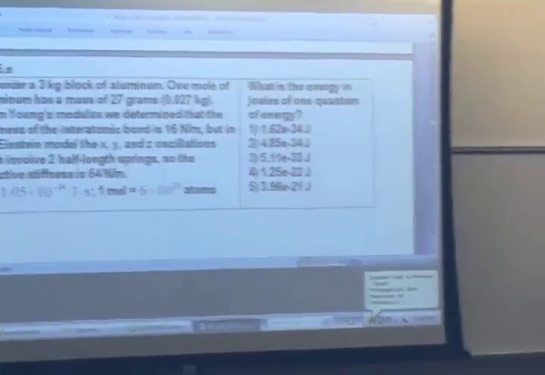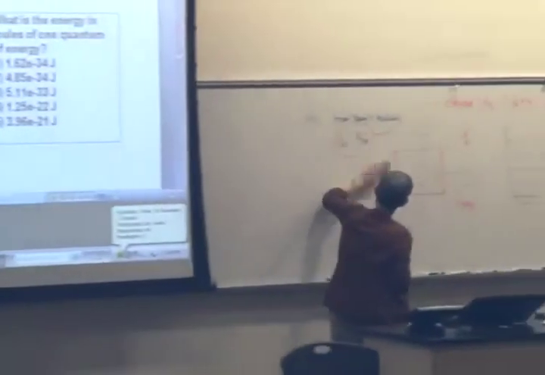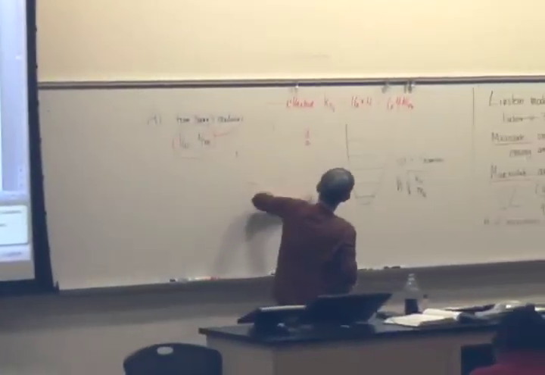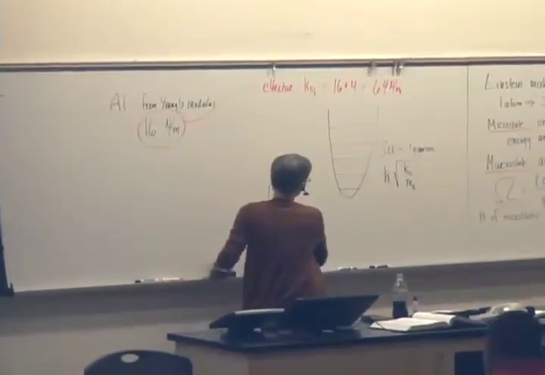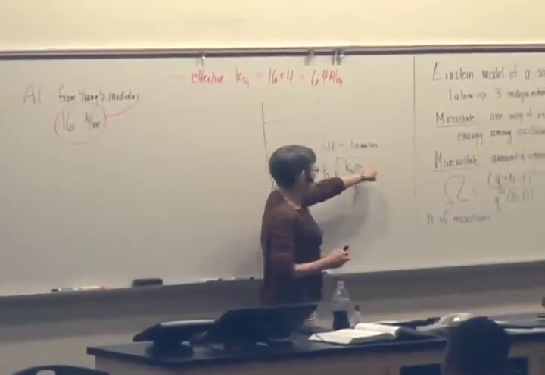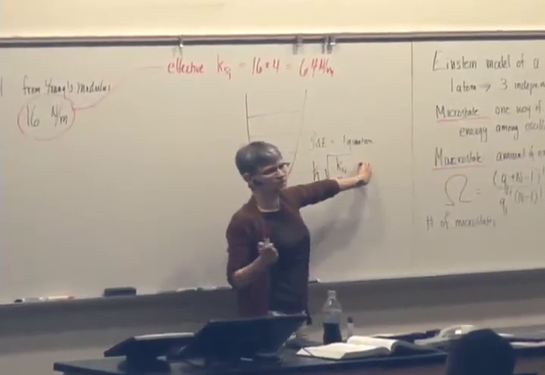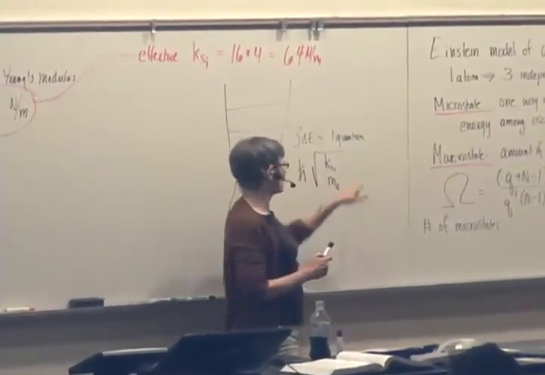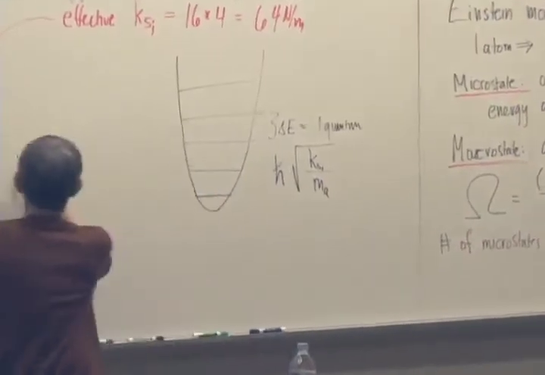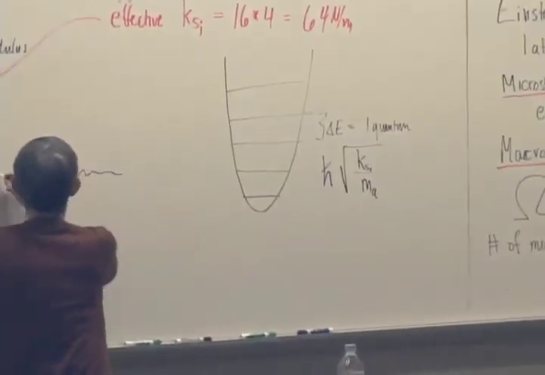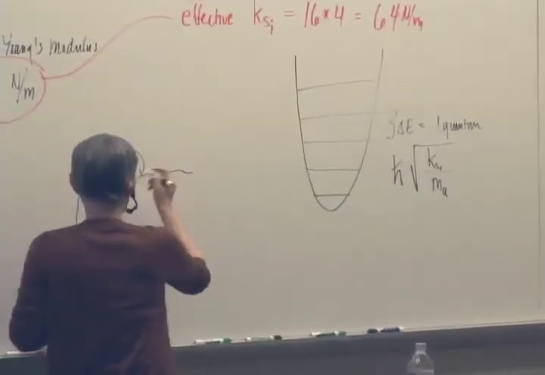And the important thing to note about this calculation is that these numbers, these symbols, are related to the model. So this is the effective stiffness of this interatomic spring here.